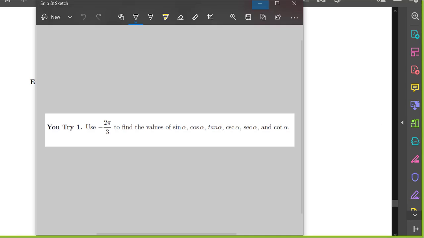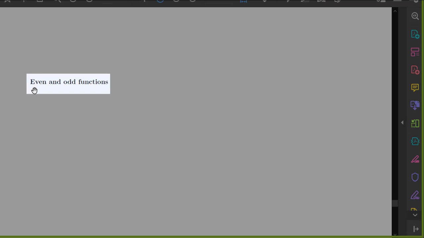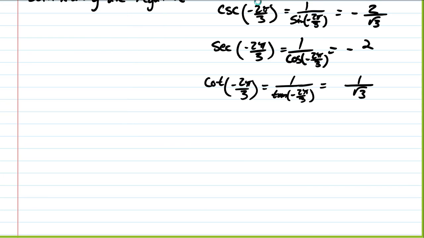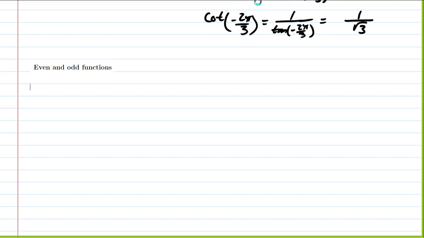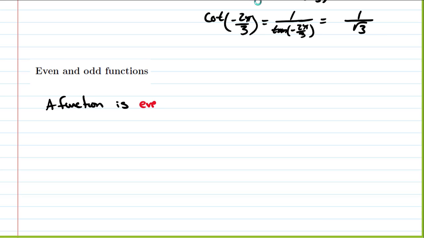So now we want to talk about even and odd functions. So our definition for an even and odd function is as follows. A function is even if f of negative x is equal to f of x for all x in the domain of f.